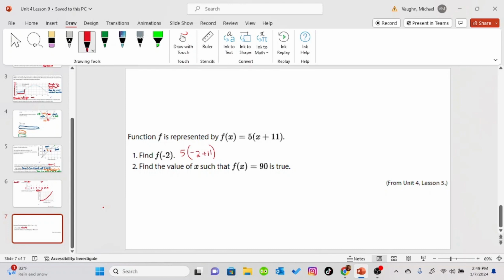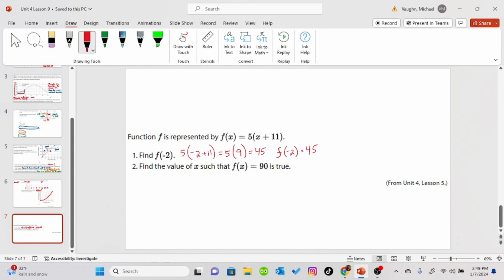Order of operations says we do what's inside the parentheses first. Negative 2 plus 11 is 9. And now we do multiplication. 5 times 9 equals 45. So f of negative 2 equals 45.